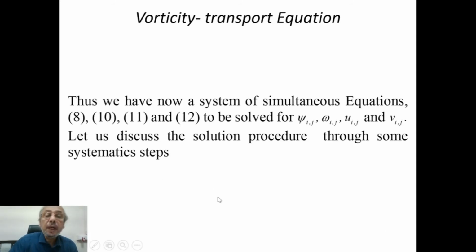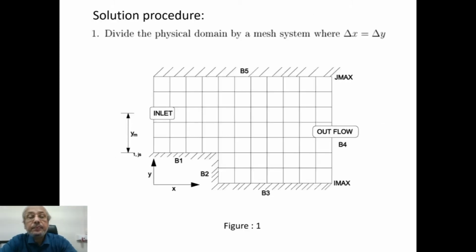So we now get a system of simultaneous equations given by, as I've already said, 8, 10, 11 and 12 to be solved for psi ij, omega ij, uij and vij. So straight away we go to the solution strategy.